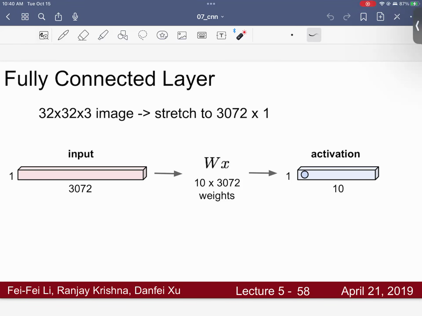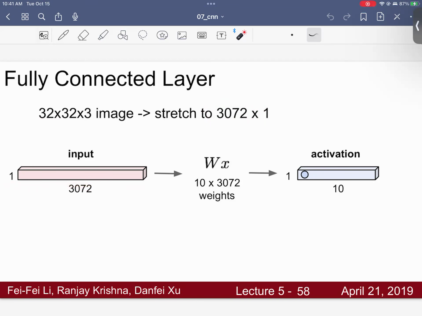So start with fully connected layers. Assume that you have a 32 by 32 by 3 image. This is the height, the width, and the channels, RGB, red, green, blue. How you would process an image like this using a fully connected network is by simply stretching it, linearizing it, to 3,072 dimensions by 1. So it's simply a very long vector.